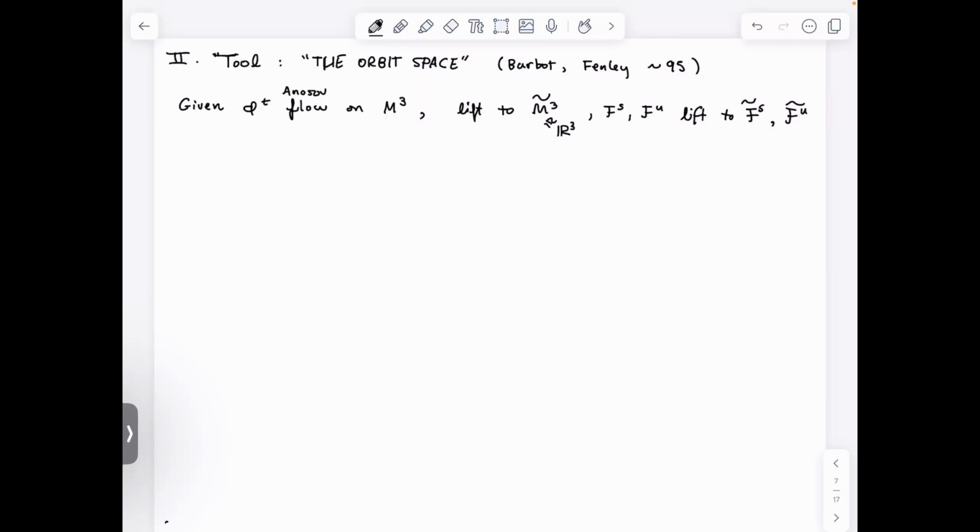Okay. And to make my picture simple, I will just collapse all these lines to a point. So here's the definition. The orbit space, maybe not the most obvious name, but what's called the orbit space of the flow is just, I take the universal cover and I collapse every orbit of the lifted flow to a point.